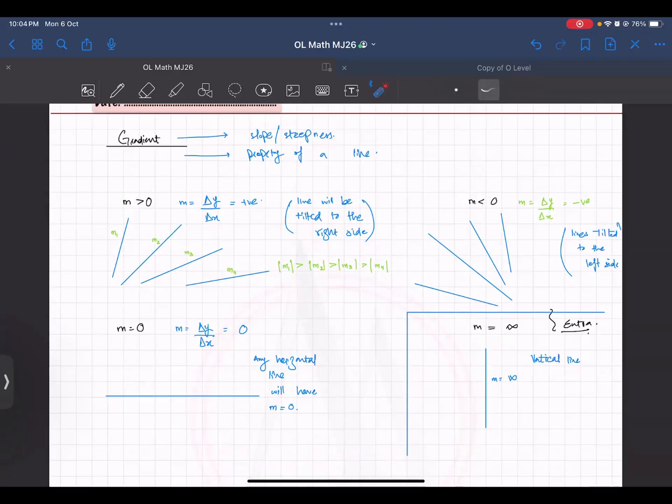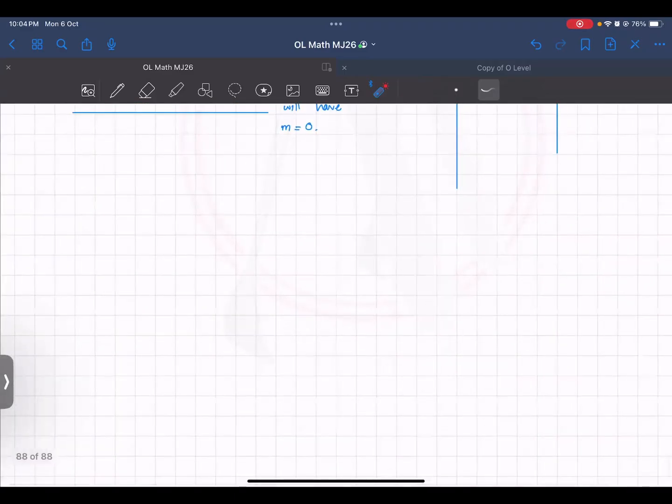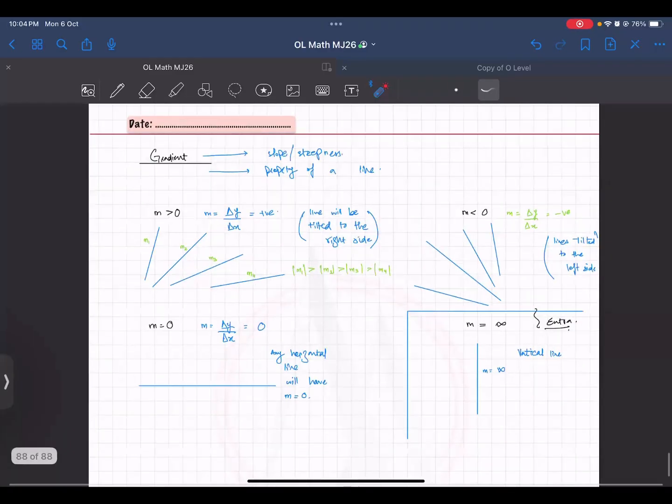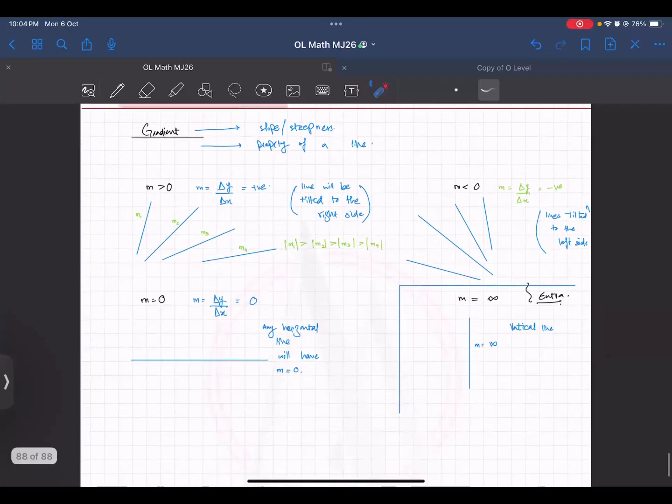Will it be tilted to the left side? Just by the value of the gradient. If you have two lines and two gradients, you can also assess which one will be steeper, which one will be above the other. So go through this thing again later on if you don't feel as confident right now, but this will benefit you one way or the other.